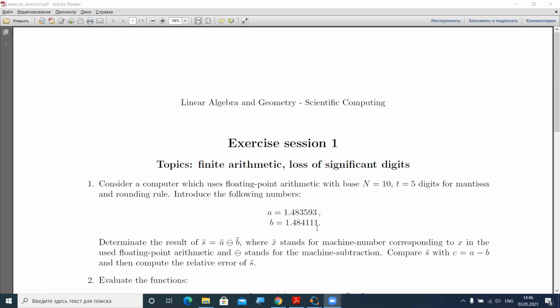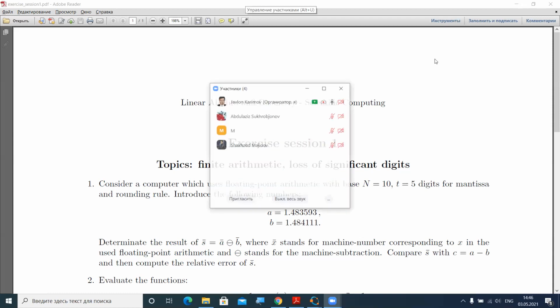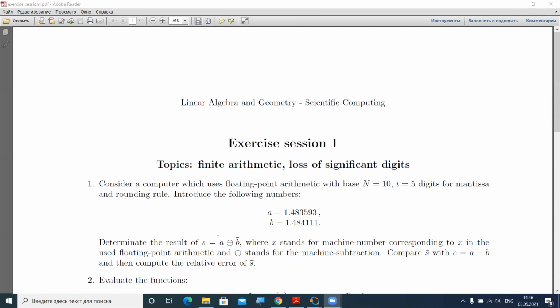So first of all, are they machine numbers for us? First question. To be machine numbers, t should be 5 digits of mantissa, but in this case, how many digits in the mantissa? 6 digits here.